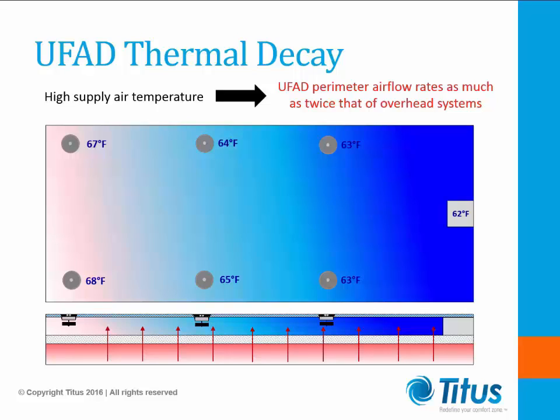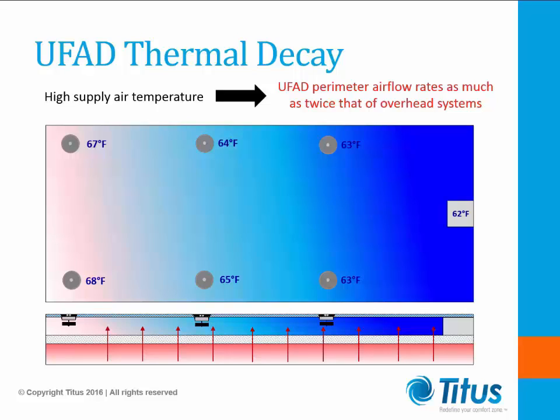This residence time increases the heat transfer effect from the slab, resulting in supply air temperature rises of 1 degree to 2 degrees Fahrenheit per every 15 feet of distance from the supply point in the floor plenum.